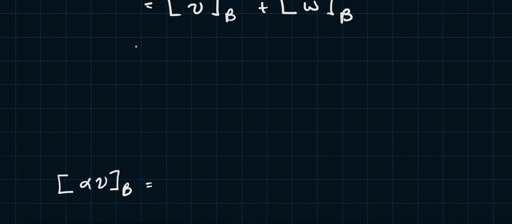If we multiply a vector, so we had the vector v, which was alpha 1 v1 all the way to alpha n vn, and let's say we multiply it by a scalar. Because I've already used alpha, I want to use a different scalar. So let's say the scalar is sigma.